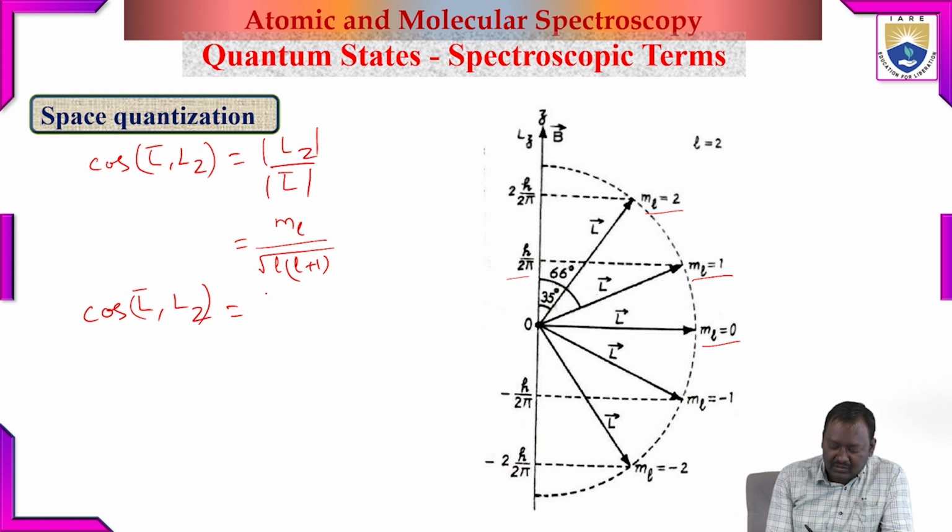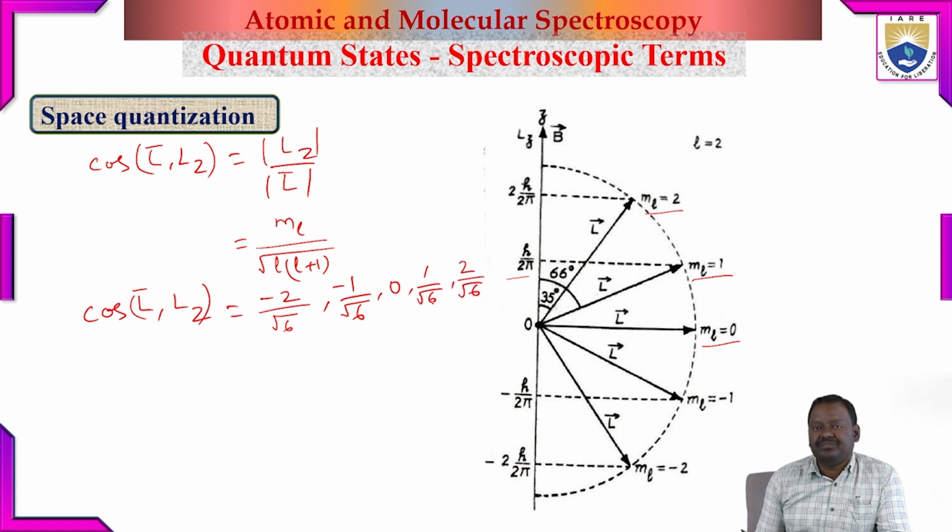That is -2 by square root 6, -1 by square root 6, 0, 1 by square root 6, and 2 by square root 6.